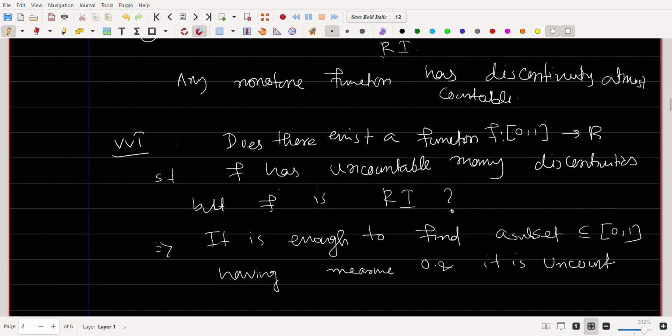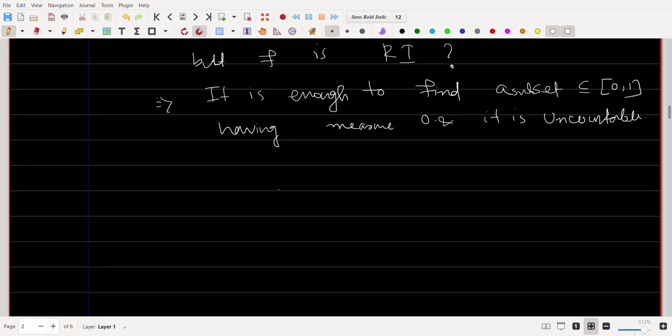My idea was that, because I know this result holds, if I need some f which is Riemann integrable, then the set of discontinuities must have measure 0. But according to the given condition, the set of discontinuities must be uncountable. So I need to find an uncountable subset of the closed interval [0,1] which has measure 0, and that you can find: that is the Cantor set.